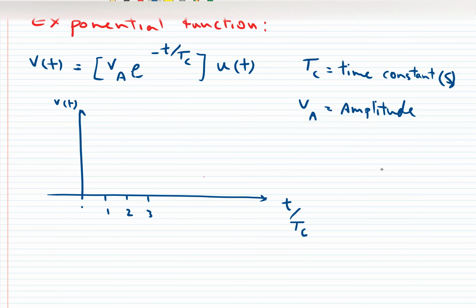Don't forget that these time units are not 1 second, 2 seconds. There are t over Tc. So whatever is the Tc, we divide t by Tc and graph the function. And the function starts from point Va, which is for time equal to 0, and is in this form.